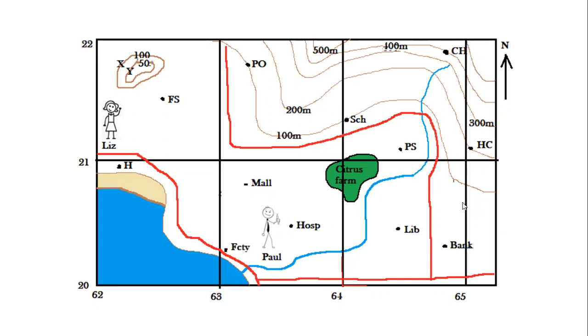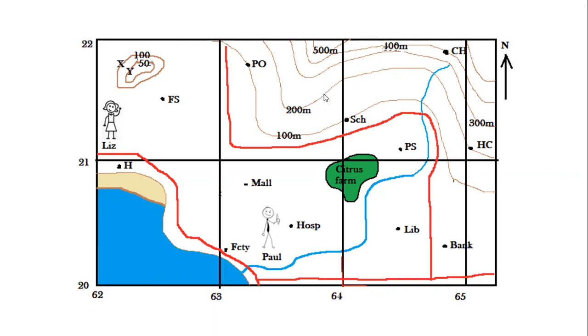In order for you to decide on that, you have to look at the values of the contour line. So notice, the school is located at 100 meters. The health center is located at 200 meters. How do we know that it's 200 meters? Because all places along the same contour line have the same contour value.